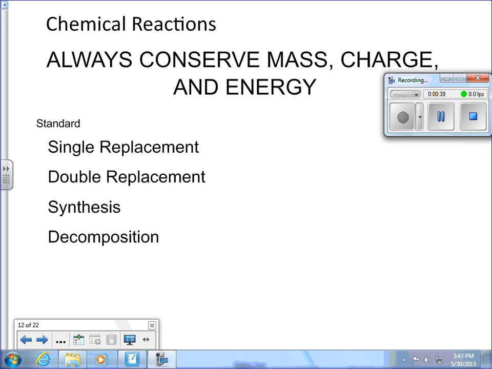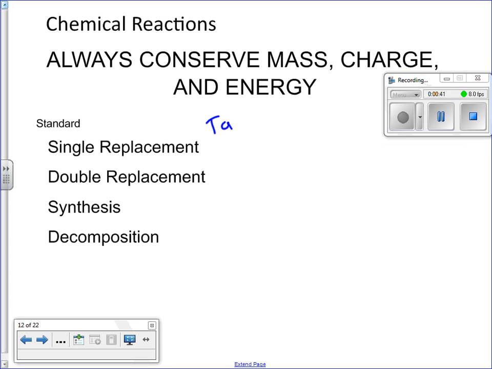Single replacement, you need to use table J to see if that single replacement reaction can happen. A single replacement reaction starts with something by itself, something alone, like barium in the presence of a compound, like sodium chloride. What happens is that barium decides to come over and take sodium's date.